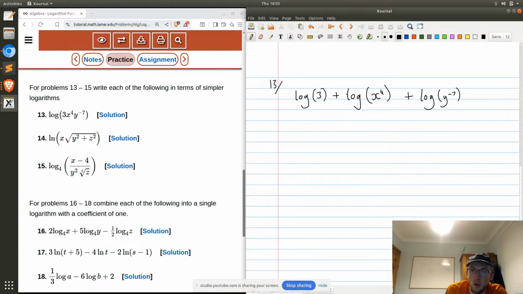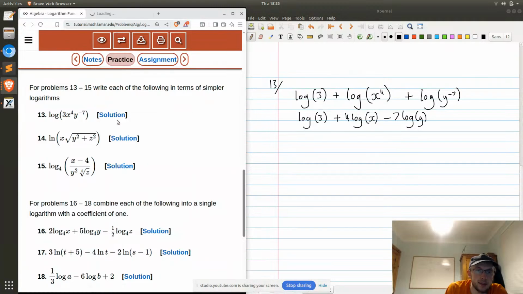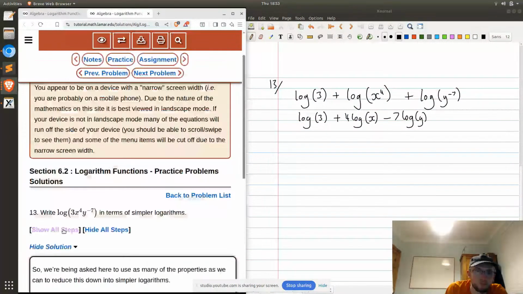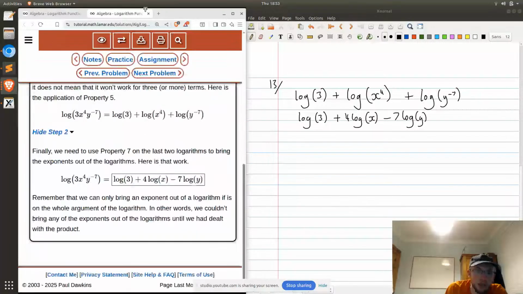In other words, it's 4 copies of those, so this 4 comes right to the front. So log 3 plus 4 log x minus 7 log y. And we check. And that's correct.